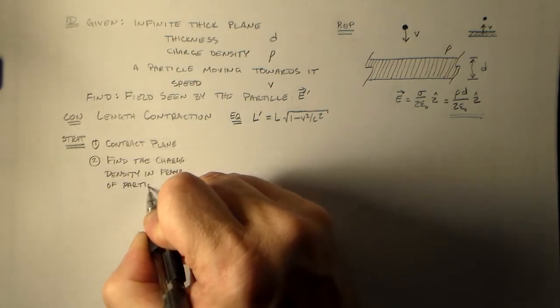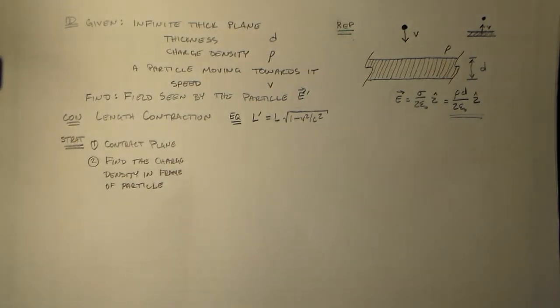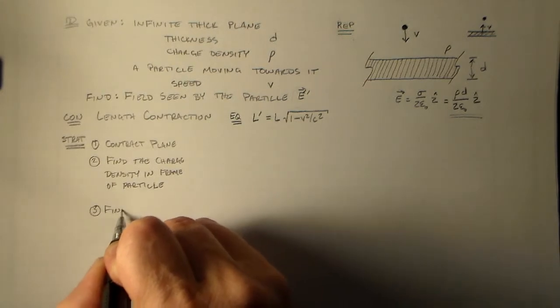It's in the frame of the particle that we want to find that charge density, and so that's what I'll do. After that, I'll use Gauss's law to find the field.